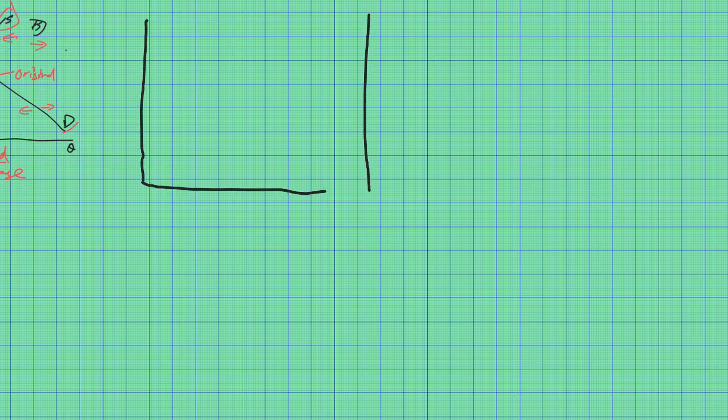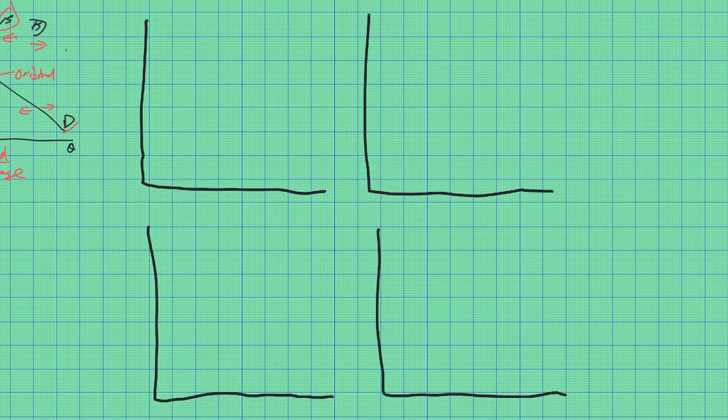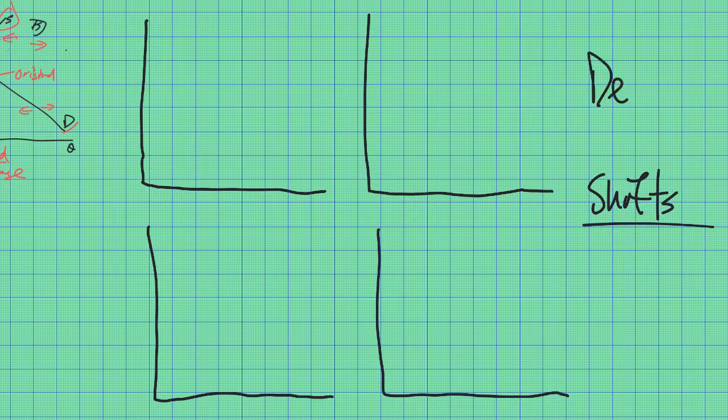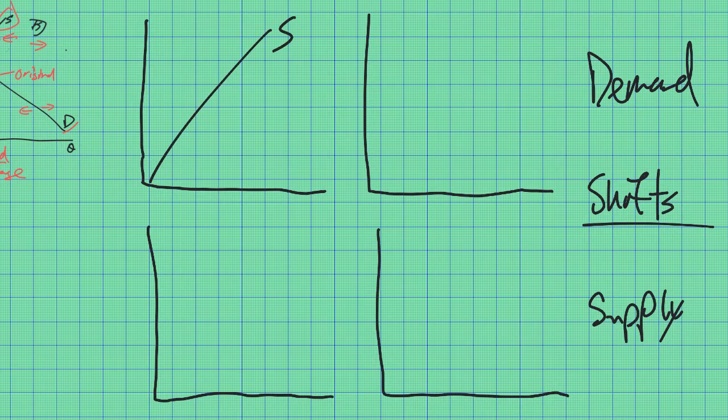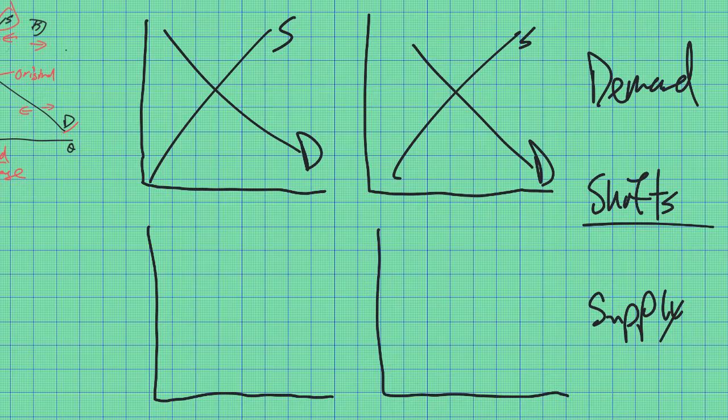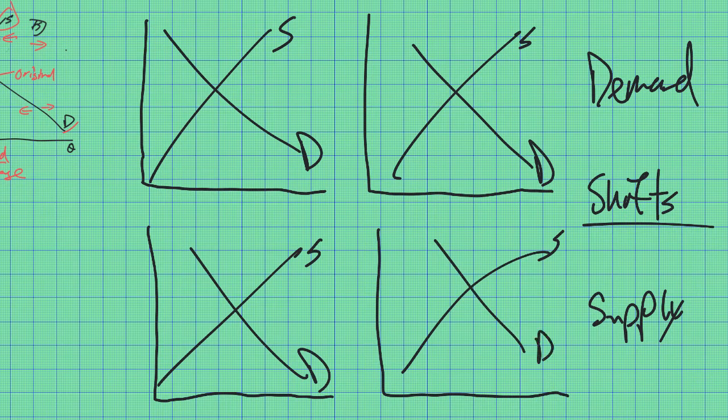So here we'll show demand, and here we already showed supply, but we'll show it again so we can see the four shifts of outside factors that take place. So here is demand, here is supply. So for each one of them, we set up supply and demand, supply and demand, supply, demand, supply, demand.